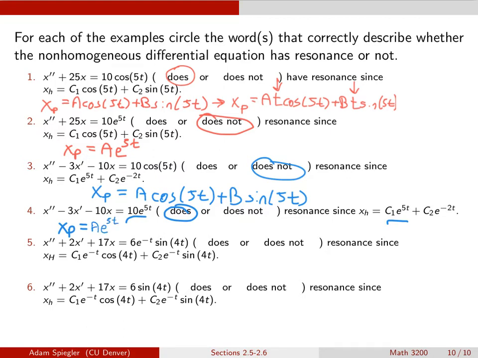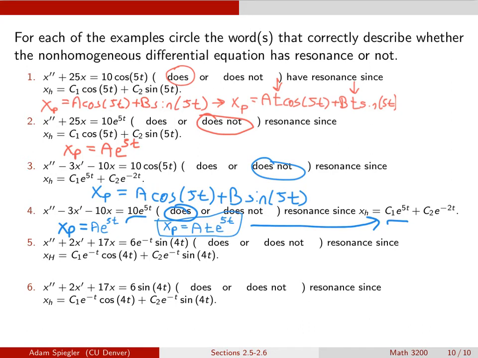Well, if I were to try that one out and plug it into the differential equation, since it's a homogeneous solution, we would get 0. So that guess wouldn't work. So again, the way that we fix that is we multiply it by an extra power of t, and multiplying by that 1 power of t is sufficient. We no longer have any resonance with our homogeneous function over here.